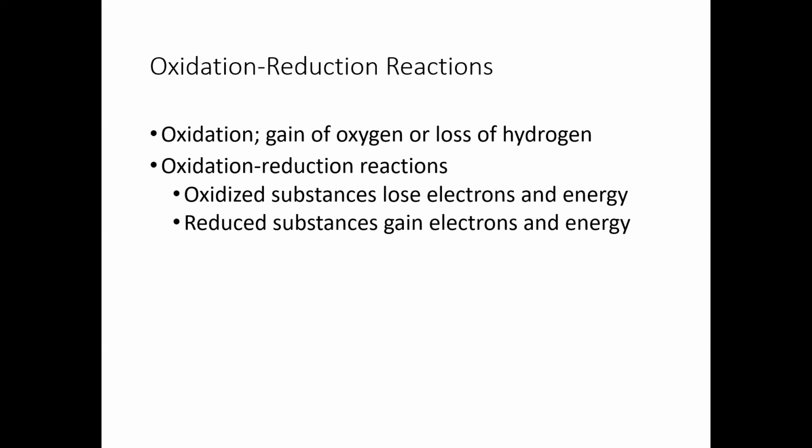So when something is oxidized, think of burning a candle. You light a candle, and you've got the flame, and you've got the heat and light coming off of that, and you can see the wax getting smaller and smaller as the candle burns. The candle is giving up electrons in the covalent bonds of the paraffin, the wax that the candle's made of.